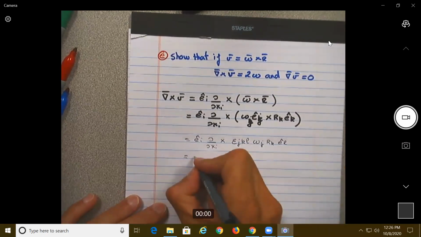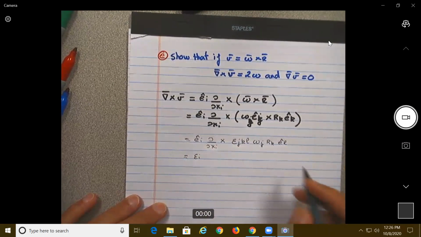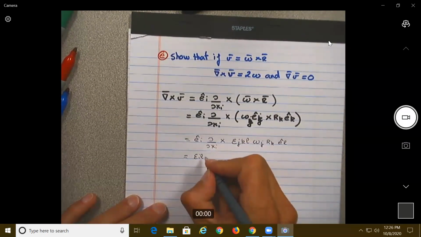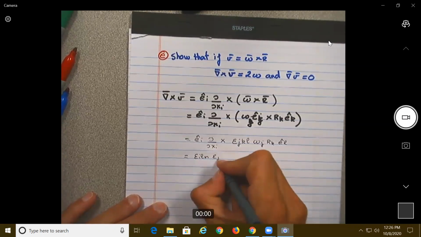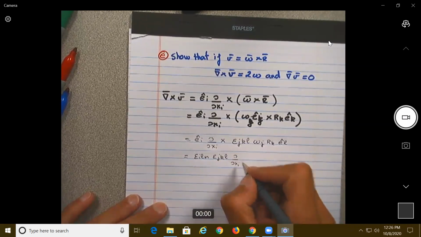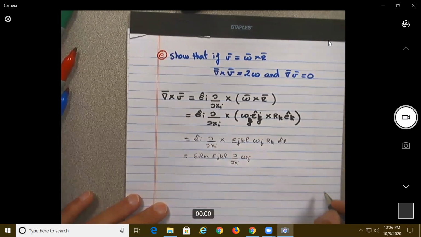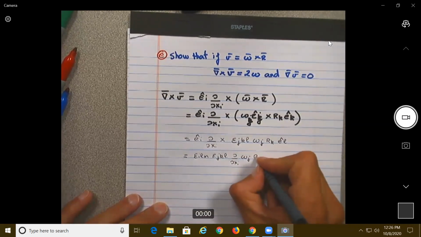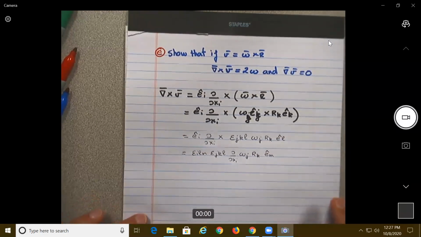Okay, so it will give you now epsilon_ilm, let's see what index I use here, M, epsilon_JKL of partial x_i omega_J R_K e_M.